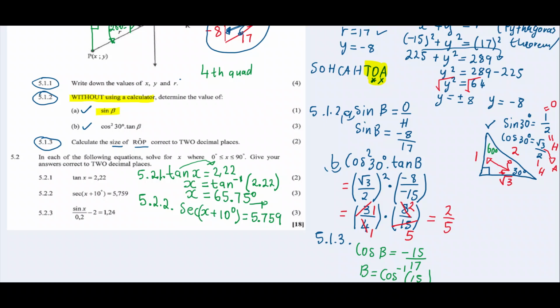What we need to remember here is what sec is: it's a reciprocal, right? We have trig ratios here, like sine theta, and the reciprocal of sine theta is cosec, right?